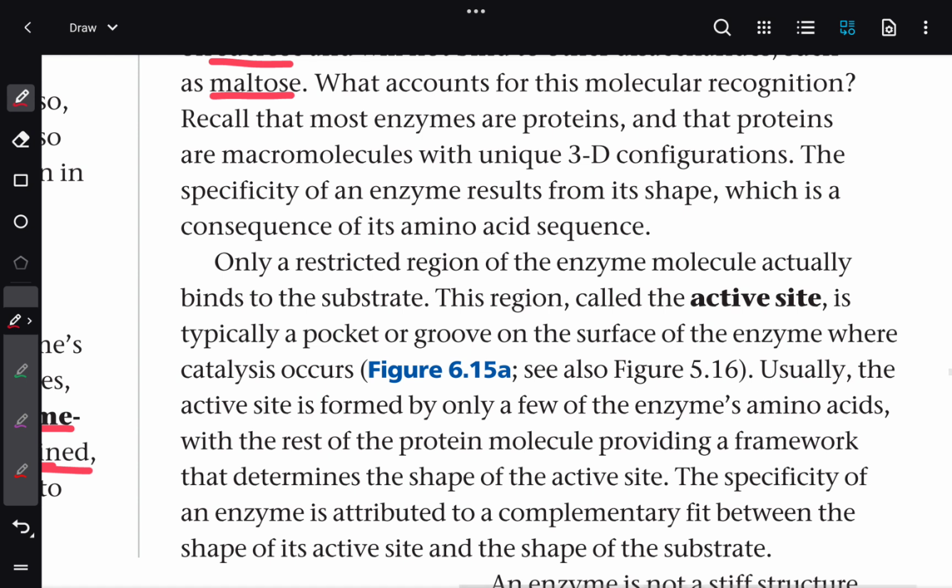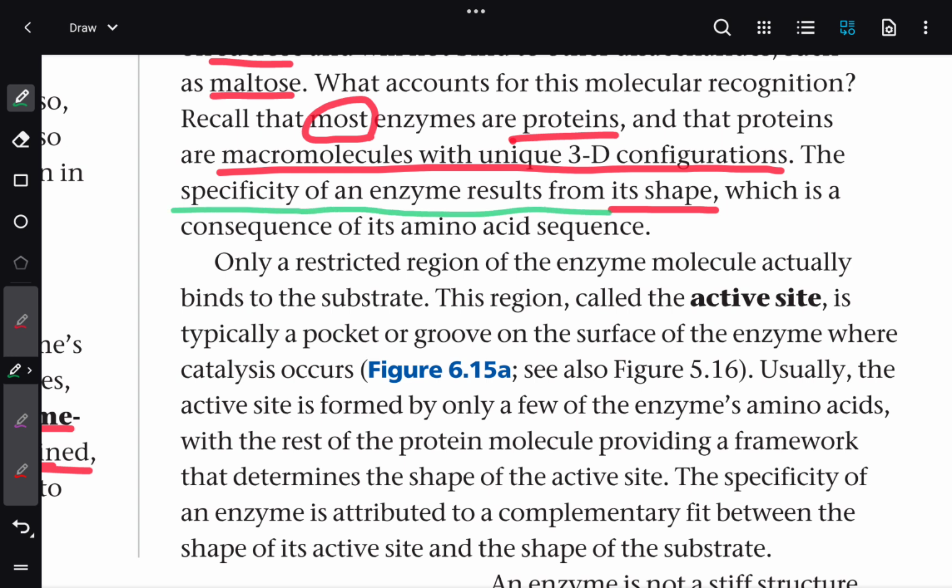Recall that most enzymes are proteins, and proteins are molecules with a unique 3D configuration. So generally speaking, the 3D configuration of proteins is what drives this recognizability of substrates. The specificity of an enzyme results from its shape.